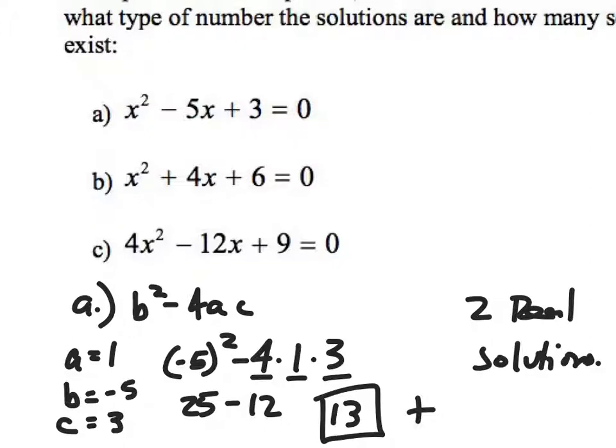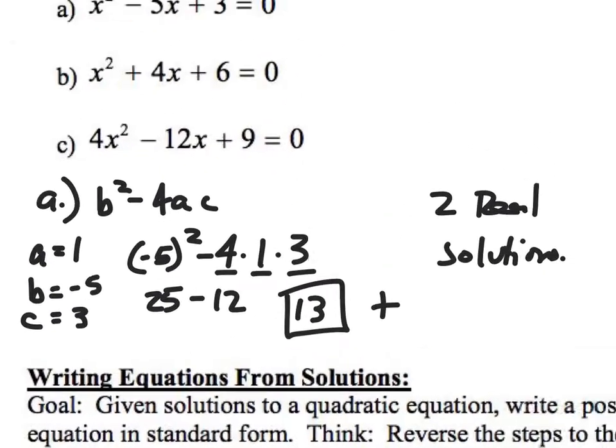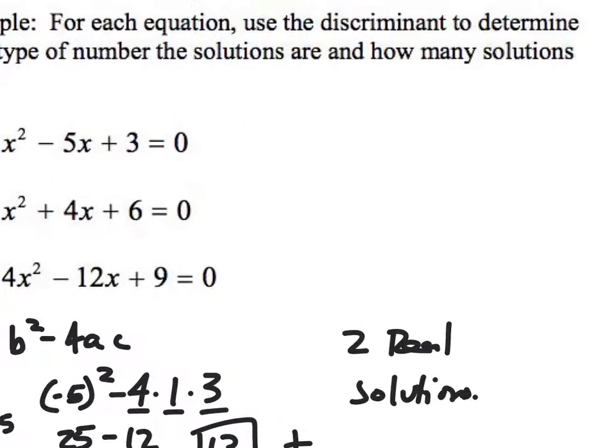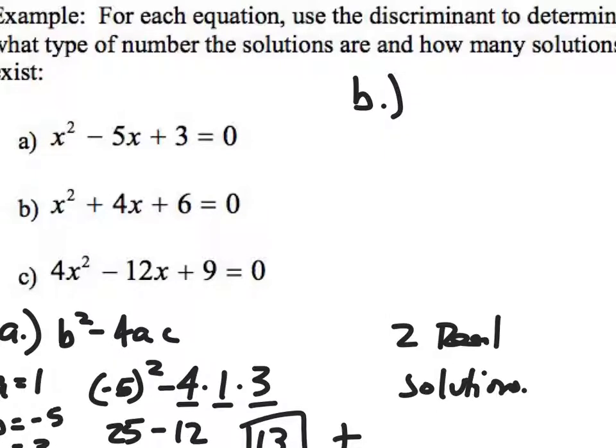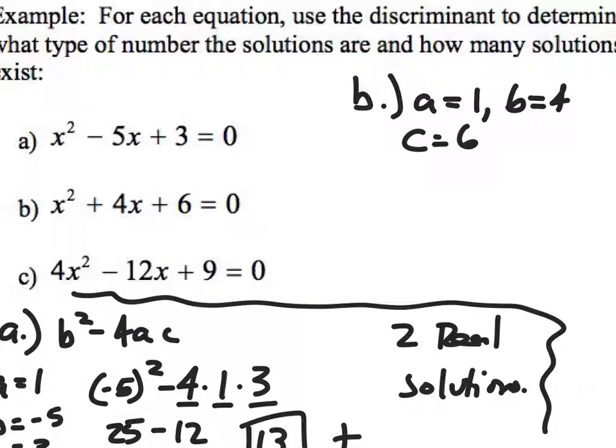If we look at part B, sorry, there's not a ton of room here. My a value is 1, b value is 4, c value is 6. Let's box this off here. If I do b squared minus 4ac, I'm going to do 4 squared minus 4 times 1 times 6.